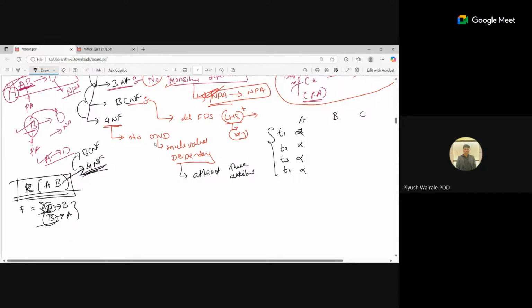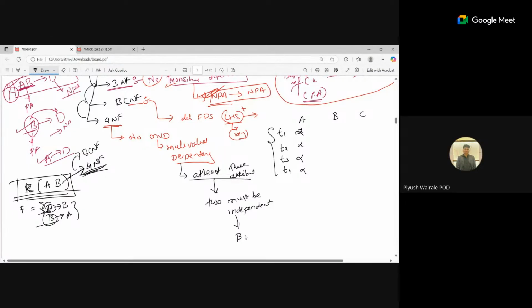So for MVD to exist, there must be at least three attributes. Out of these three attributes, two must be independent. So how can we define independent here? It means they should not imply each other.